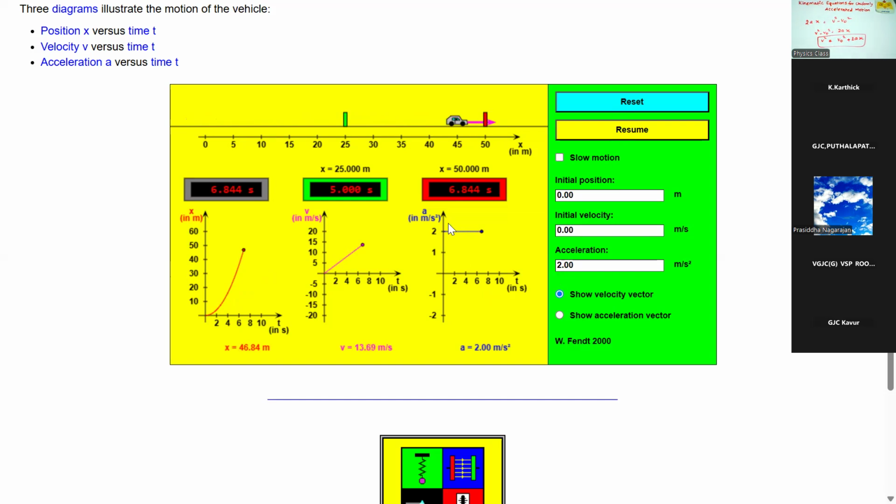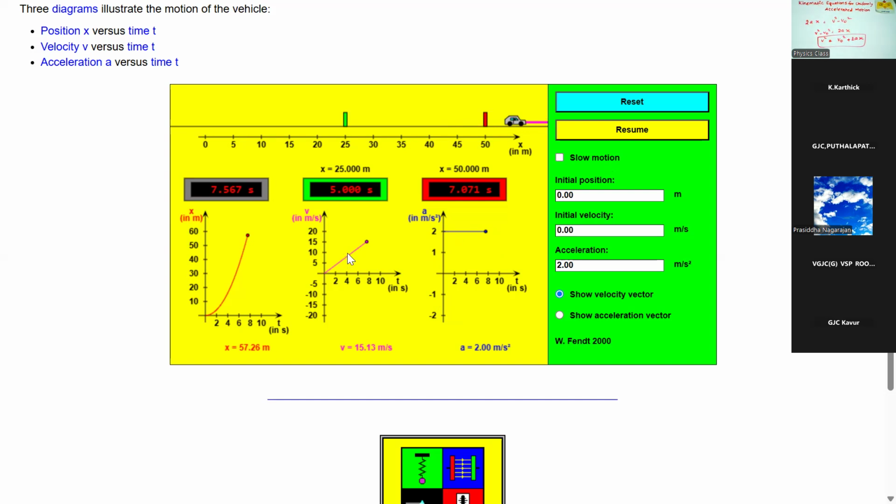That's why in the third graph, the acceleration-time graph, there is a straight line from 2, which denotes a constant. So the object or car travels with equal acceleration, that is constant acceleration. That is uniformly accelerated motion.